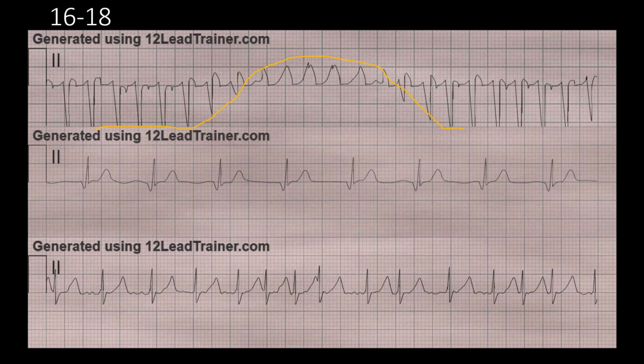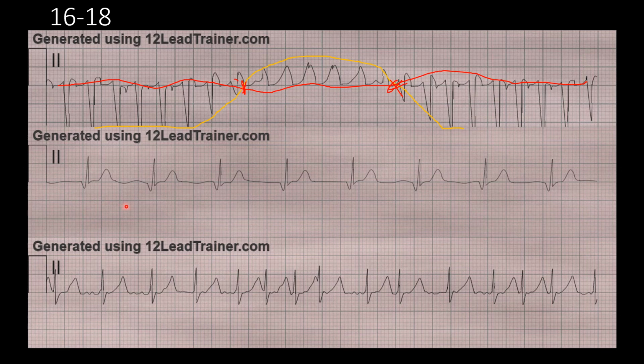And the other end of that goes from here down and then there. So it stays somewhat in the same place, right around the isoelectric line, but this right here and right there, it twists between positive and negative. So if we remember what stands for twisting of points, that would be torsades. So this is torsades de pointes, or twisting of points, is our rhythm.